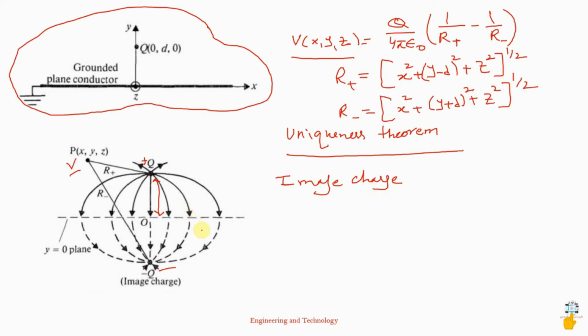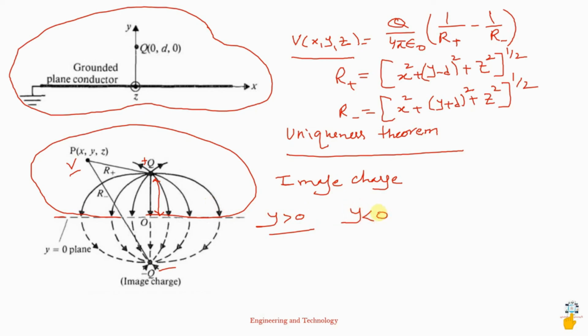In the region above this axis, y greater than 0, we can easily find out the electric potential, but for the region y less than 0, this method is not applicable.